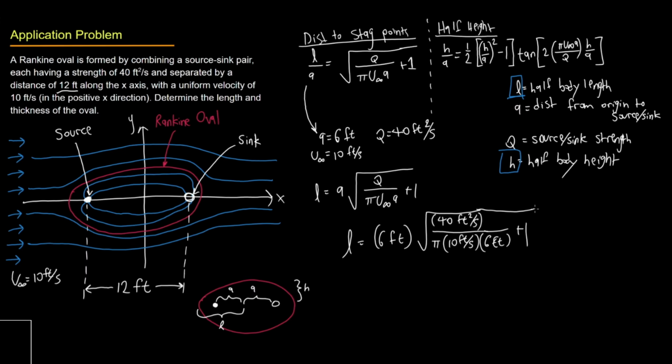Drag the radical all the way over. And what we get is 6.606 feet. Keep in mind, this is the half length. And so the full length is 2L, which is equal to 13.212 feet. And so we'll box that. That's half of our answer.